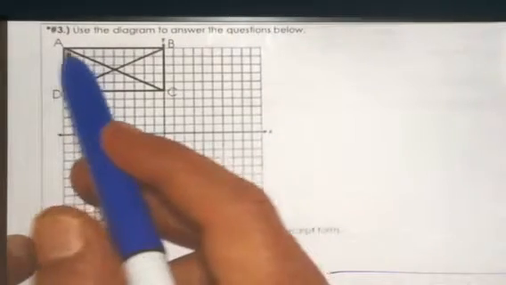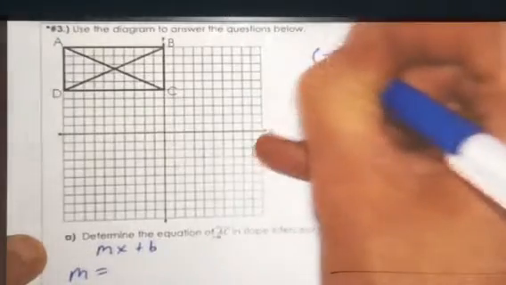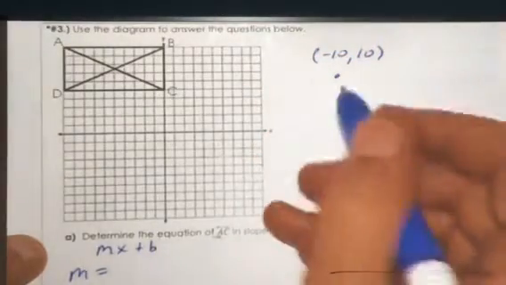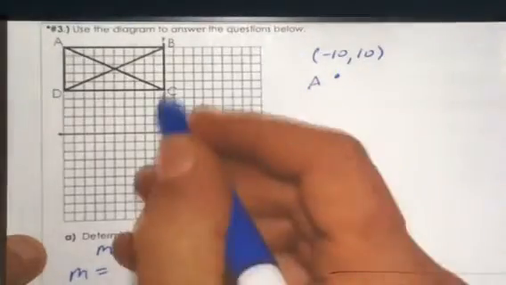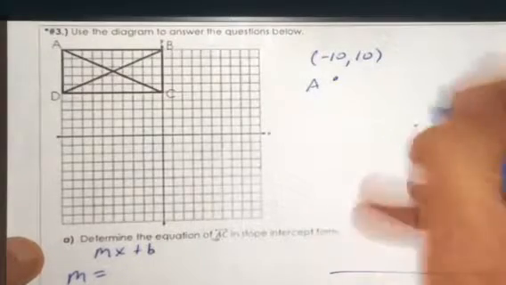So this is the coordinate negative 10, 10. I'm going to actually sketch it right here so the writing is easier to see. That's A. And then C is at 0, 5. So that's like here.